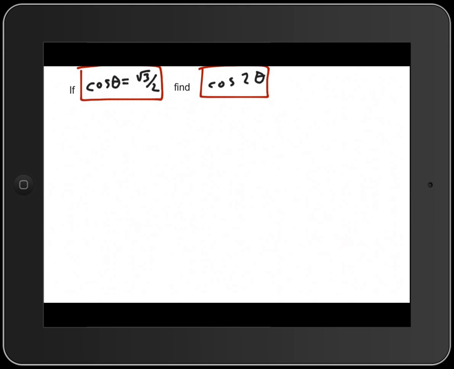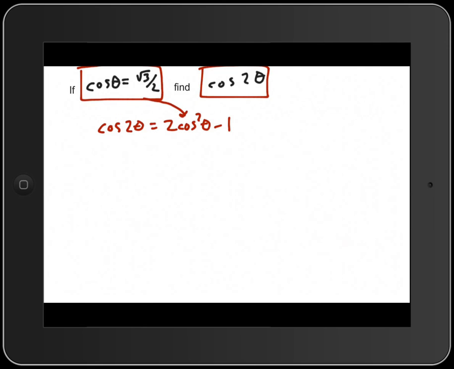There are 3 choices for this particular double angle. I'm going to choose the one that only uses cosine because I'm given the cosine. That makes the process simpler. So I'm going to use the one that says cosine of 2 theta is equal to twice cosine squared of theta minus 1. That way I can just plug and chug.